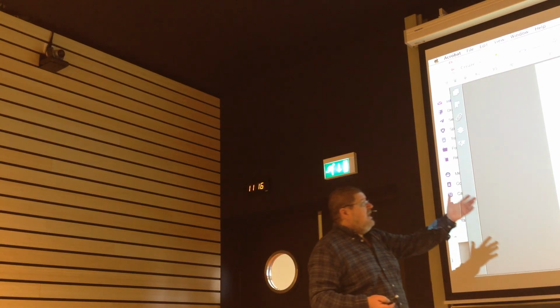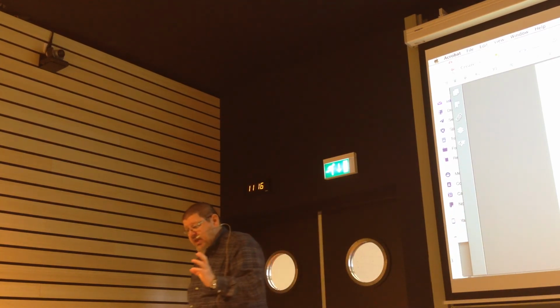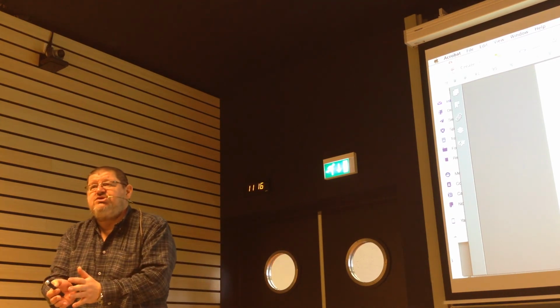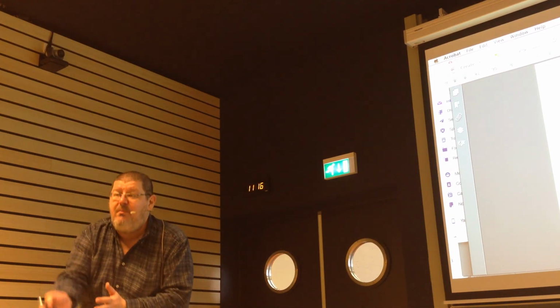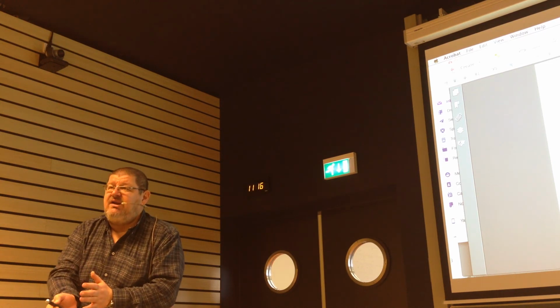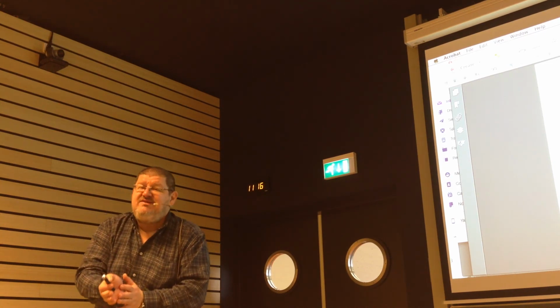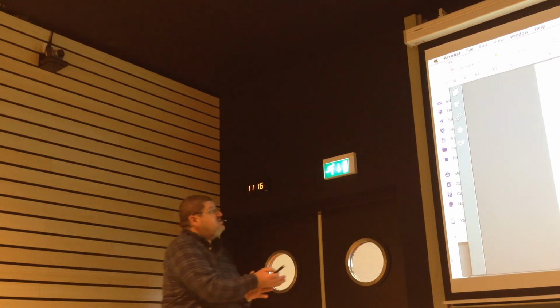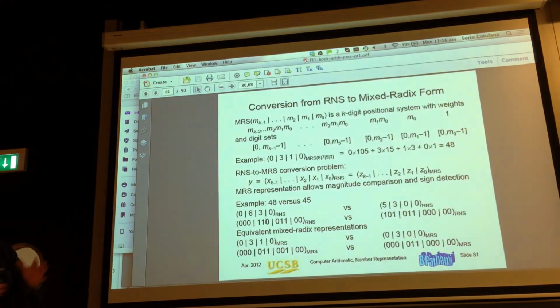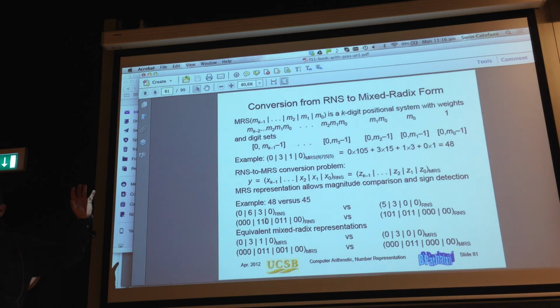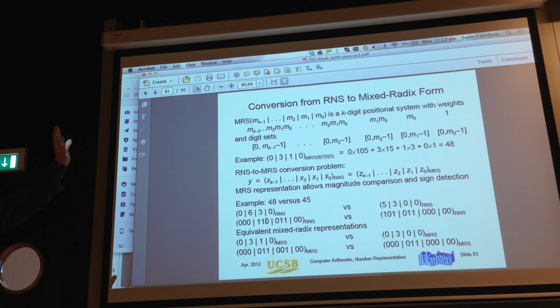Another solution is to make a step towards a conversion, but not to binary or to decimal, to make a conversion which is kind of easier in another system which is called mixed radix. Instead of representing the number in RNS or in binary or in decimal, you represent it in a system where you have weights starting from 1 up to the product of all the moduli. You see they are ordered.